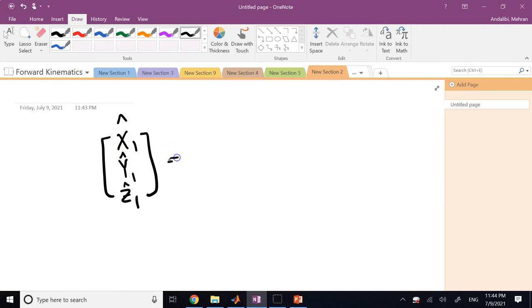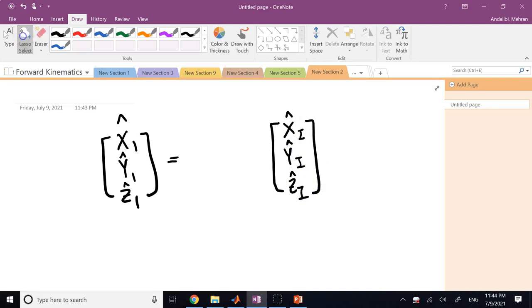Is there any way that I can write them as something times xi, yi, and zi? Correct? Is there any way that I can write it as anything like that?